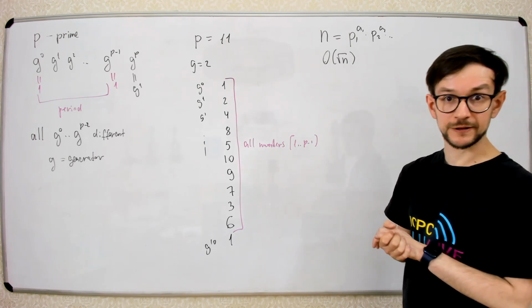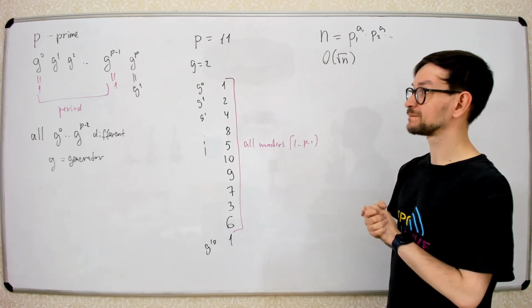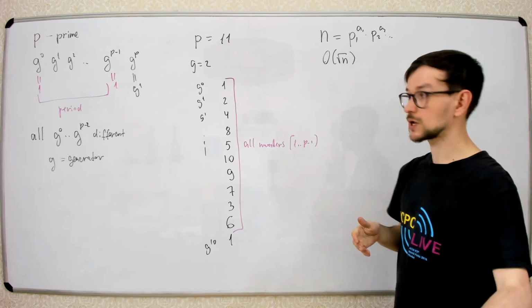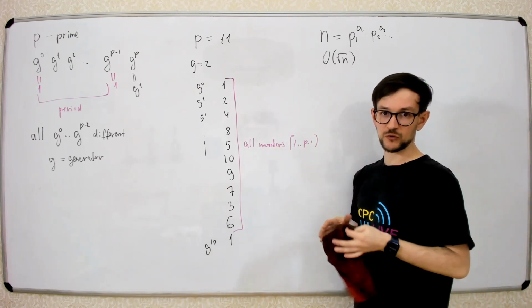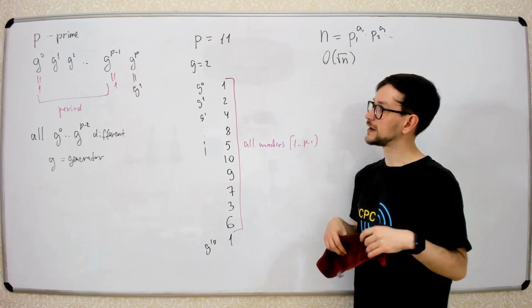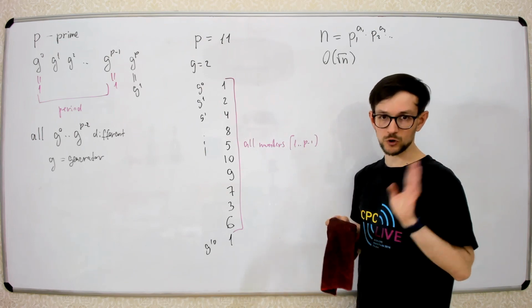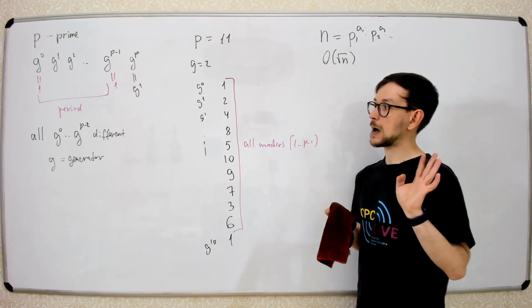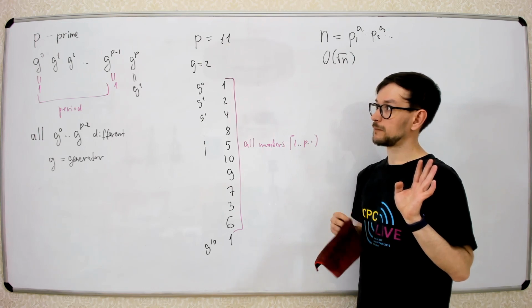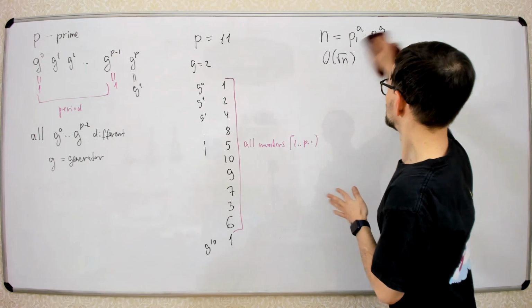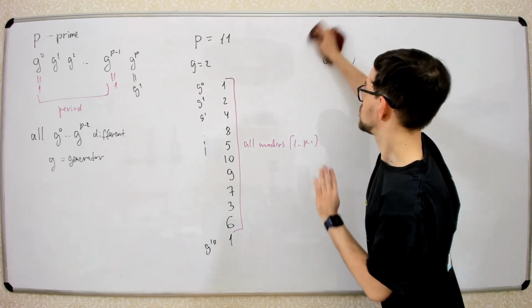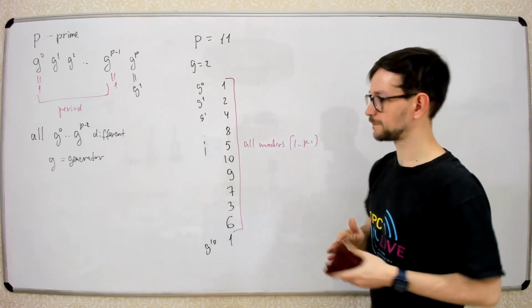How to find a good generator? Good news and bad news. The good news is there are many generators for each prime modulus. So for any prime number, there is a big number of good generators. The bad thing is we don't know how to find them efficiently. So we will just pick a random number and check if it is a generator.